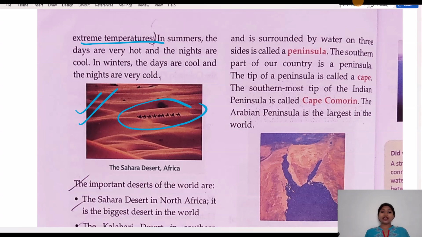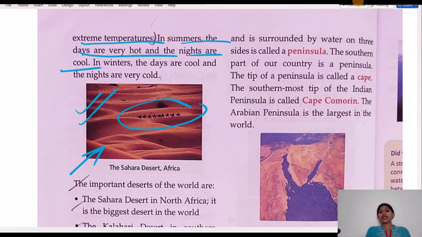Okay, camel they are using. Then we know the desert area extremely temperature means there is a very hot temperature, we cannot walk there. That's why for the transportation they are using the camel. In summer days are very hot and nights are very cold. So desert area have one nature.